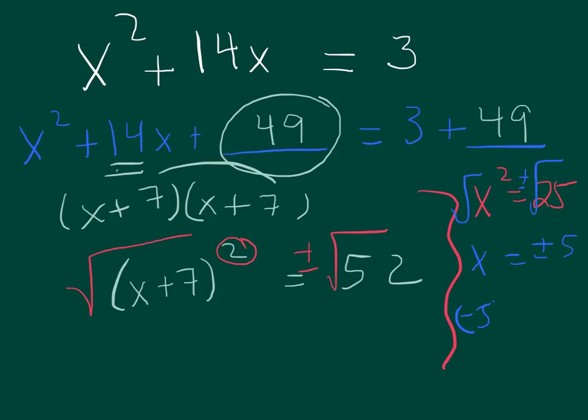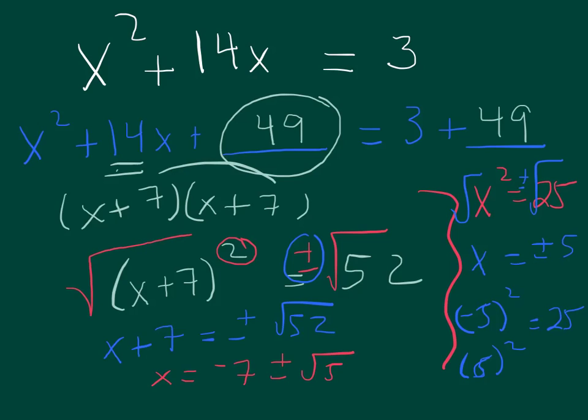Negative 5 squared or 5 squared, both give us 25. So that's why I'm dealing with this plus or minus here. So that means I get x plus 7 equals plus or minus the square root of 52. And then just to move the 7 over, I get x equals negative 7 plus or minus the square root of 52.